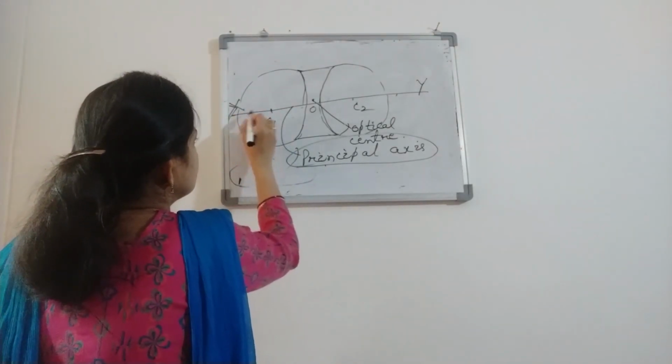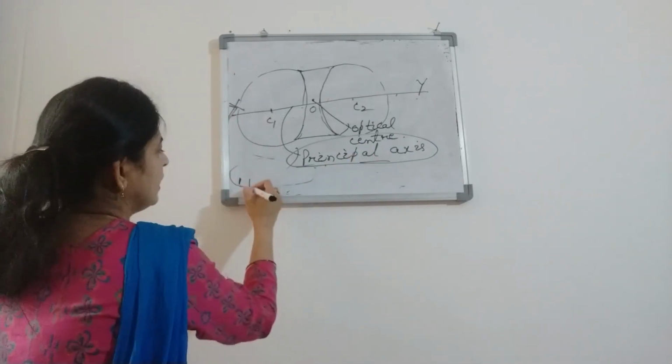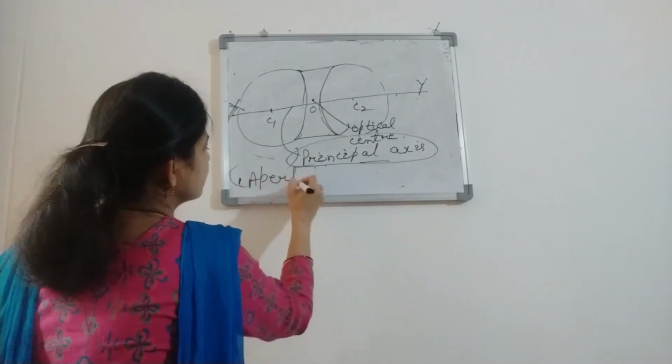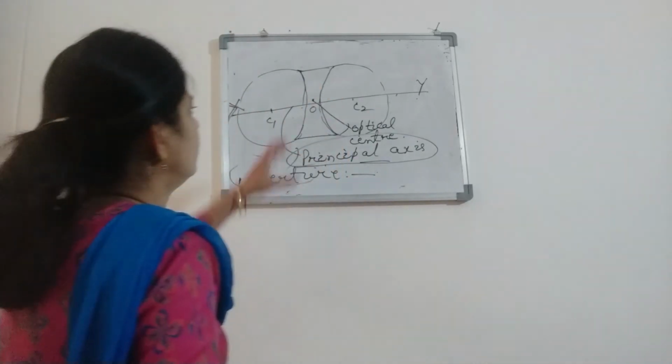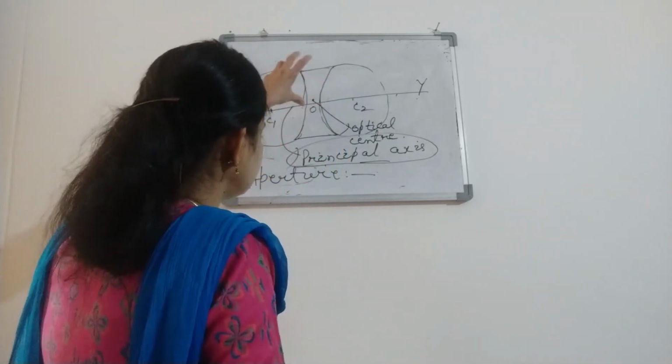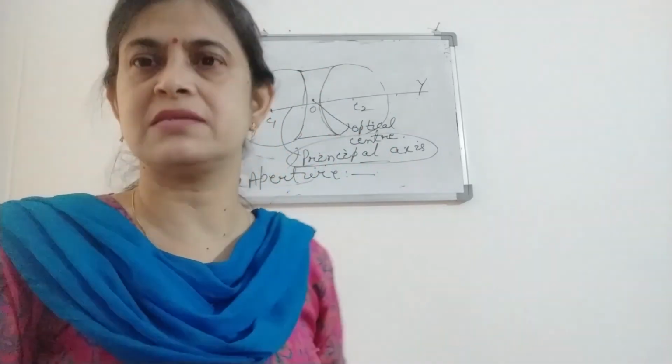In this diagram XY is the principal axis, and aperture means the diameter of the whole lens or the diameter of the refracting surface is called the aperture of the lens.